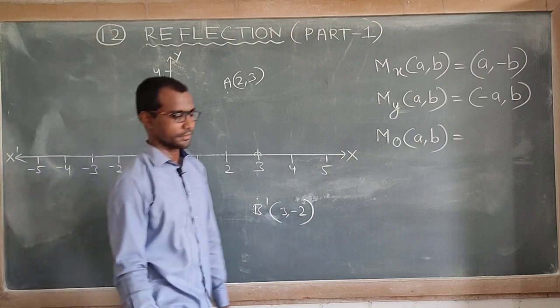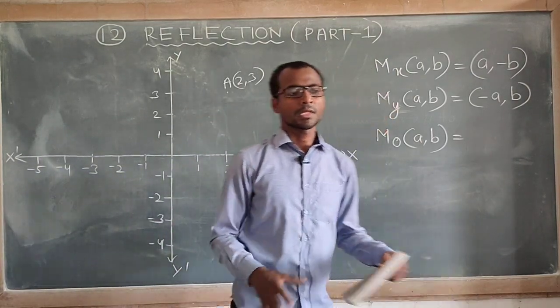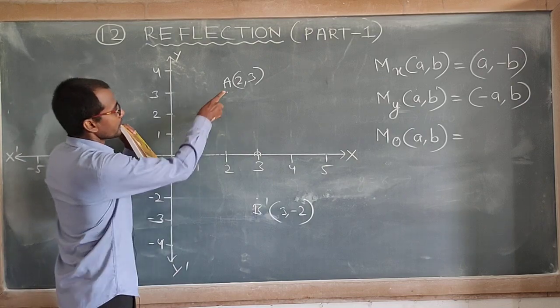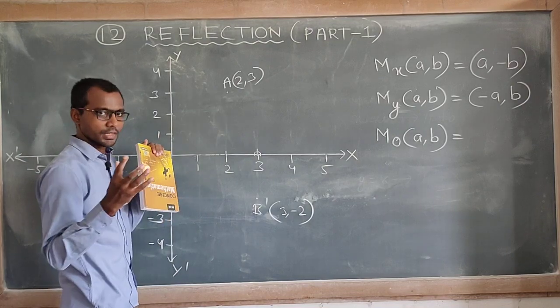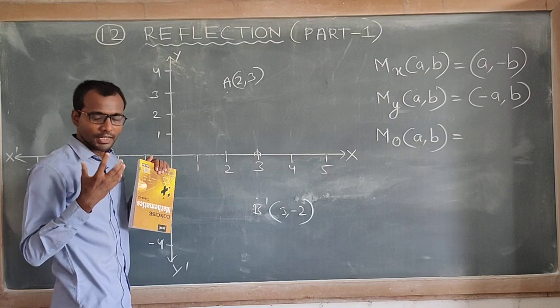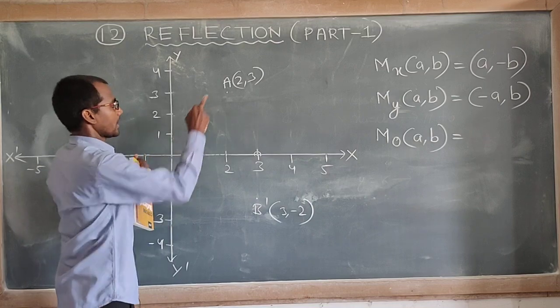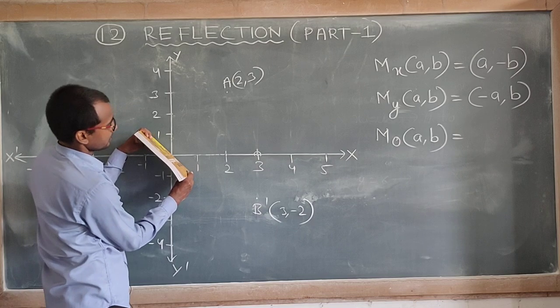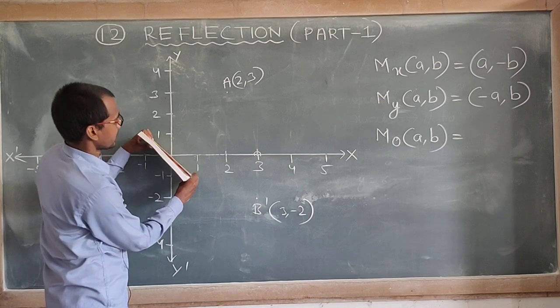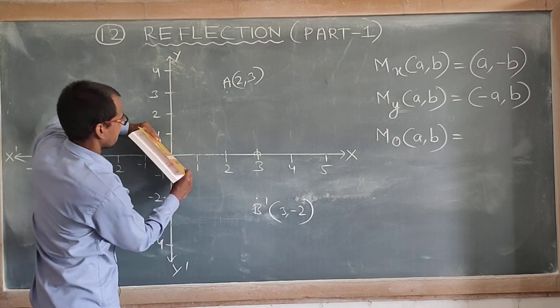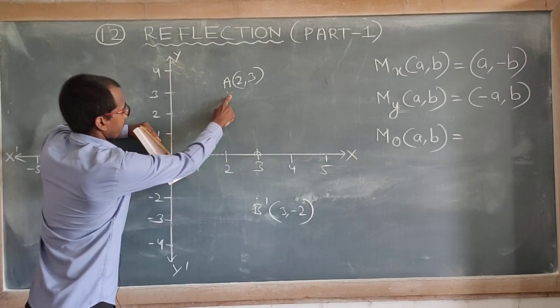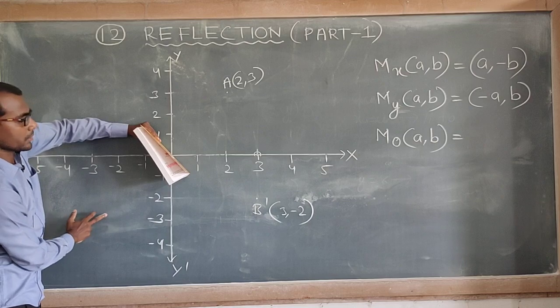So imagine that there is a mirror whose reflecting surface is towards A, and that mirror is on the origin like this. It is facing towards A. So the image of A will be formed here behind the mirror.